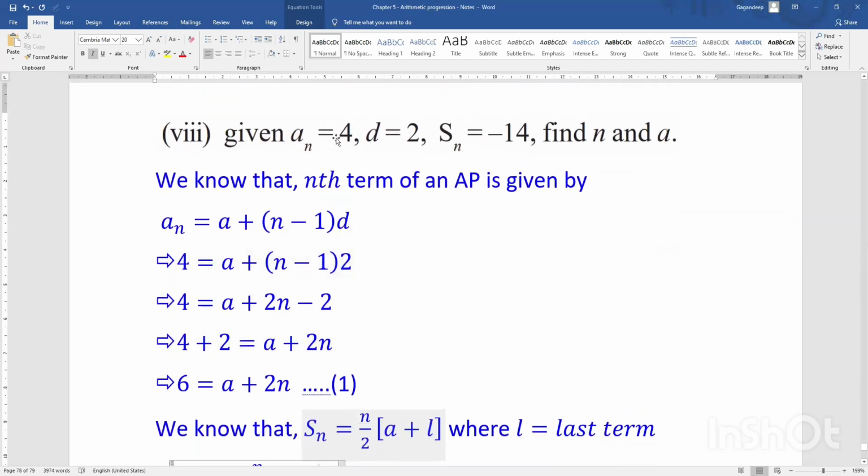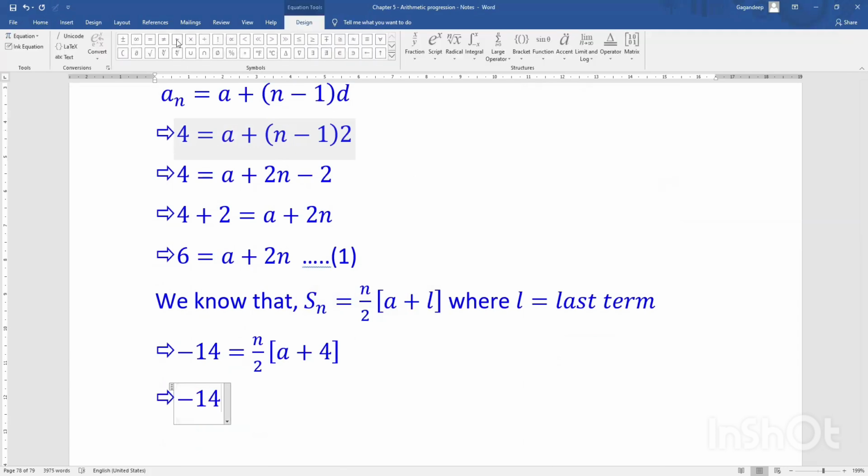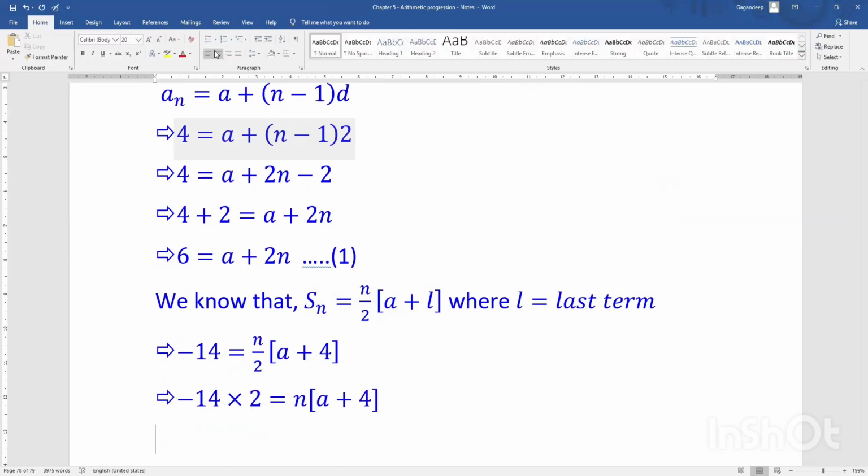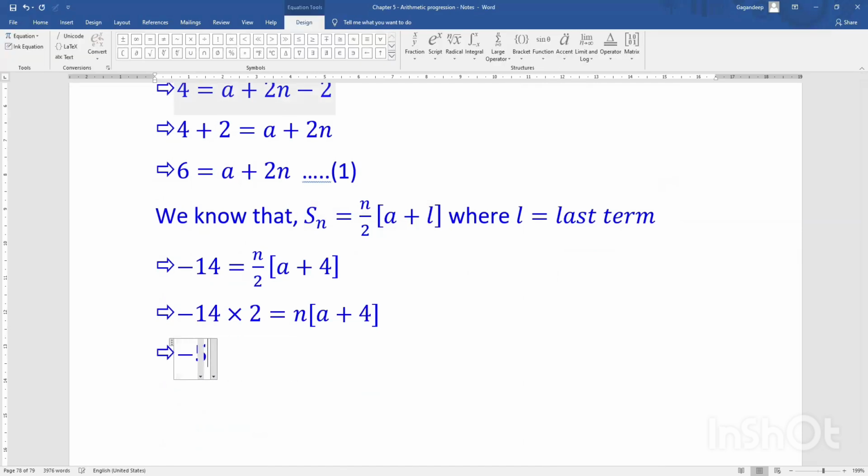That is the an value, it is 4, correct? So let me take it as 4. Or I write it as minus 14 into 2, cross multiply, equals n bracket open a plus 4. In my next step I write it as minus 28 equals n into a plus 4.